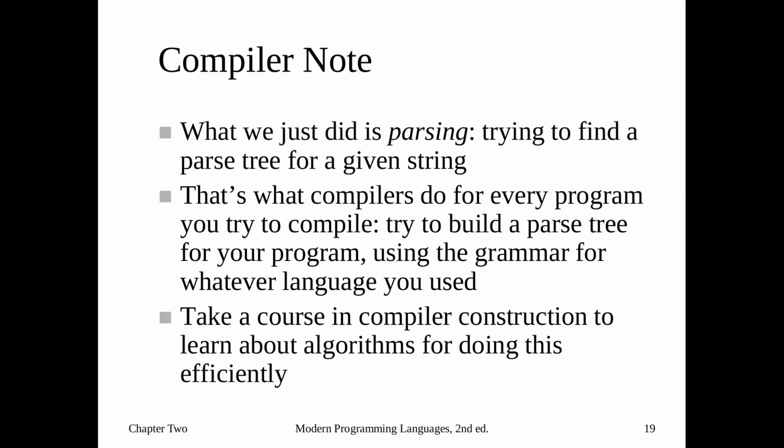It's exactly what we did. We constructed a parse tree for a given program, right? Unfortunately, for the context of this class, we're not going to actually talk about the algorithms necessary to do that, but we leave that to, I believe, the compilers course, which is the 400 level, used to be the capstone.